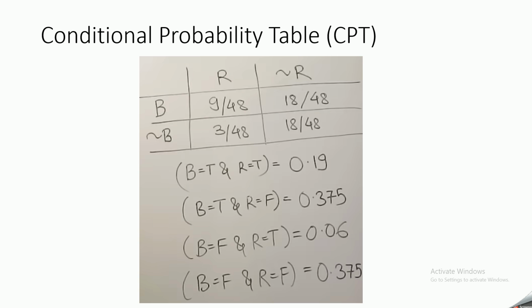If the dog barks is true and rains is true, that is 9 by 48, then the value is 0.19. Similarly, you can try it for others. These values are completely just taken for example and understanding purposes.